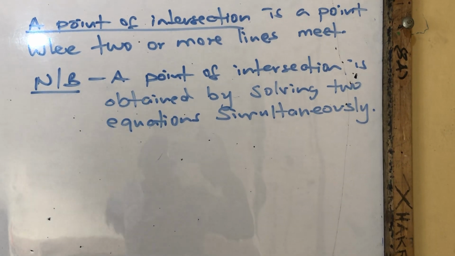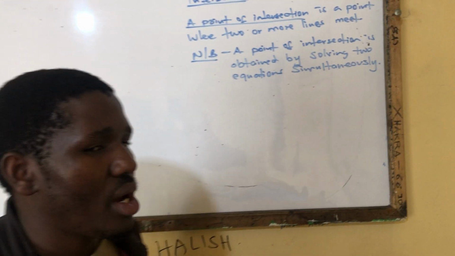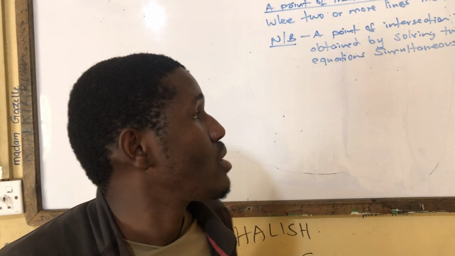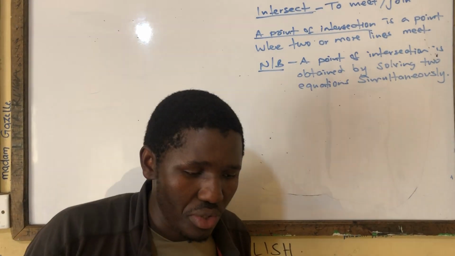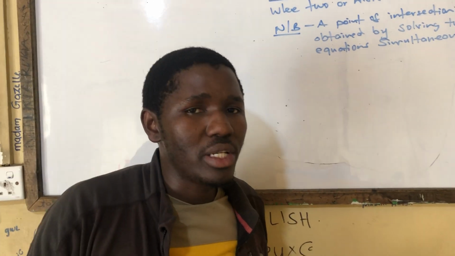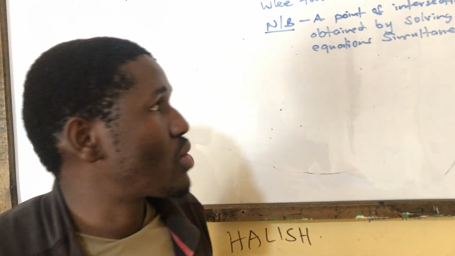I do want to assume that my students know clearly what we mean whenever we talk about simultaneous equations. Let's not go into that discussion right now, we'll do it in a question.